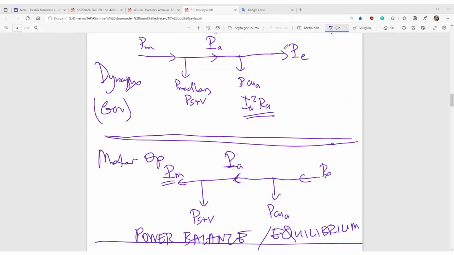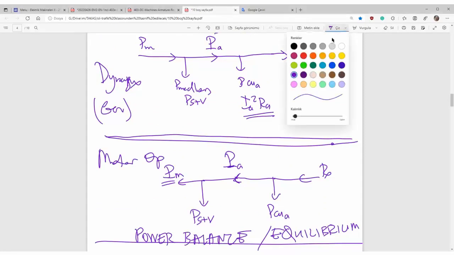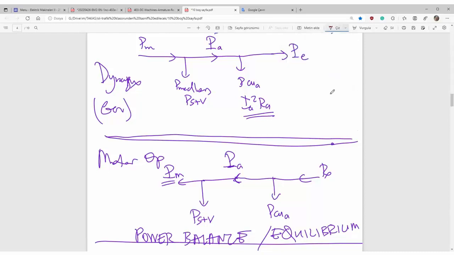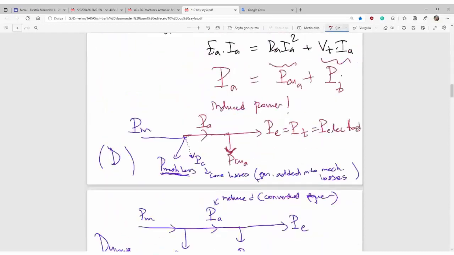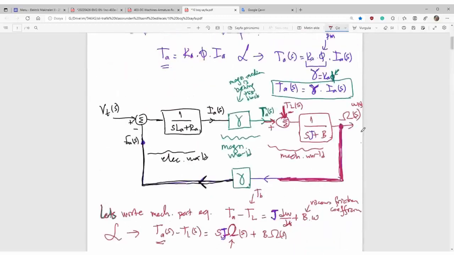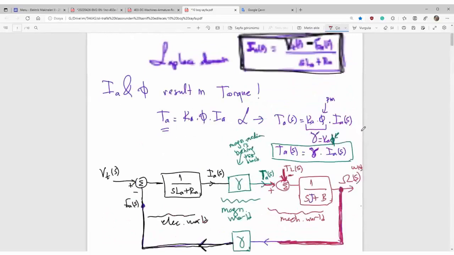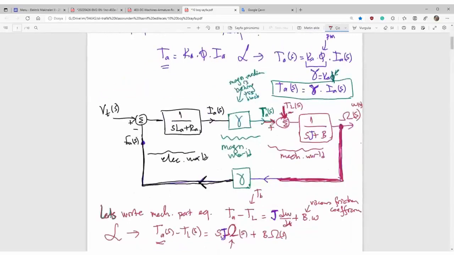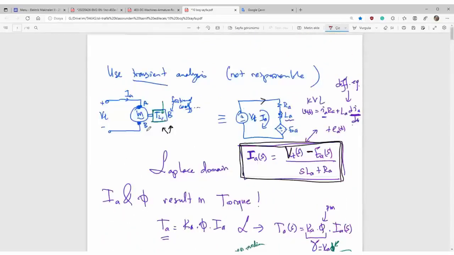Now we are together again. Let me complete some of the missing points from the previous hour. In fact, such a diagram belongs to such a connection.